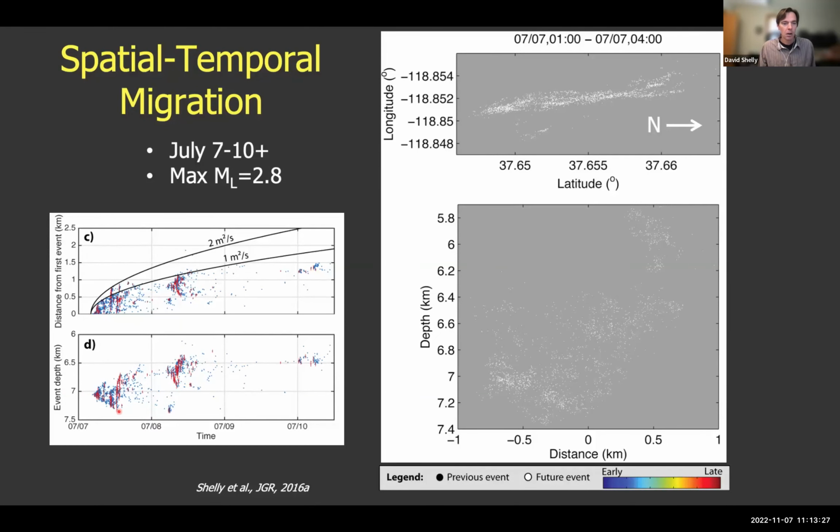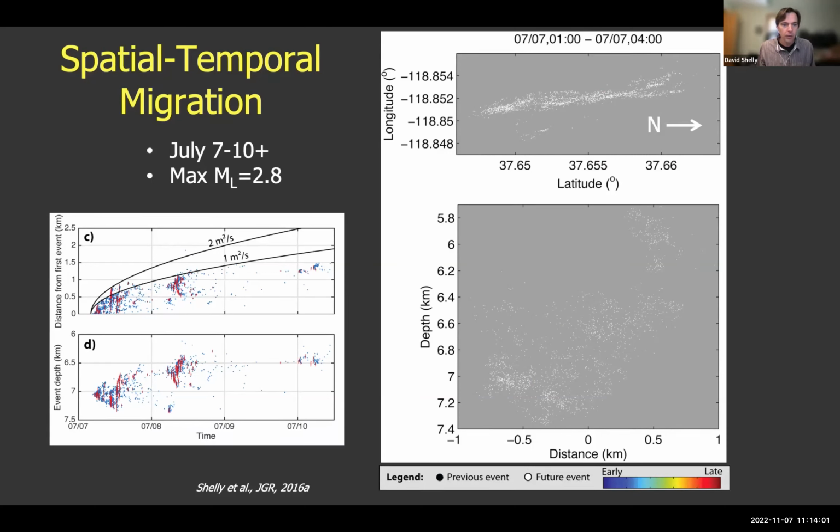But the downward limb, you might call it, peters out quite quickly with time, whereas the upward migrating limb continues much longer. This is a pattern that we see in several different swarms, and maybe it's at least consistent with the kind of thing you would expect with fluid pressure transients, where you see this kind of overall upward propagation.